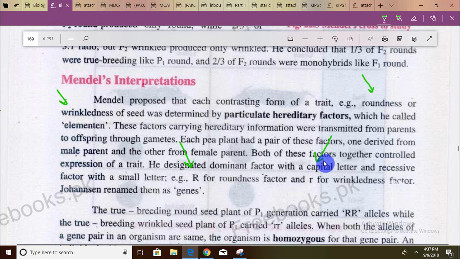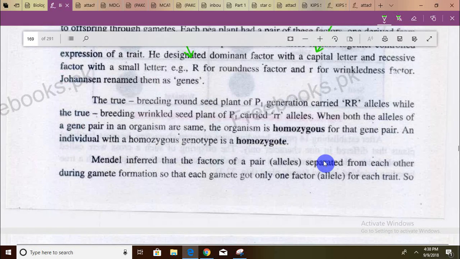Right, the true breeding round seed plant of P1 generation. P1 is the parental generation with true breeding, and it carried the capital R alleles, while the true breeding wrinkled seed plant of P1 carried the small r alleles.